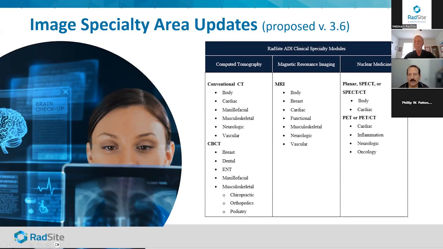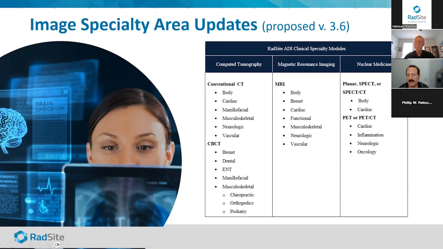And so we've created sort of our own classification for these additional subspecialty modules. As you would imagine, they would include cardiac for CT and MRI. Of course, for cone beam CT, in addition to dental cone beam CT, there are specialized cone beam CT systems for breast and ENT and maxillofacial and musculoskeletal imaging.